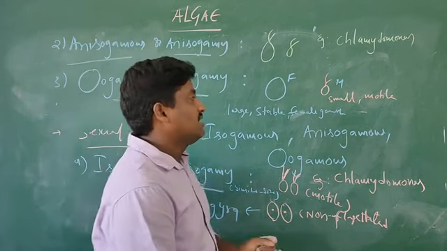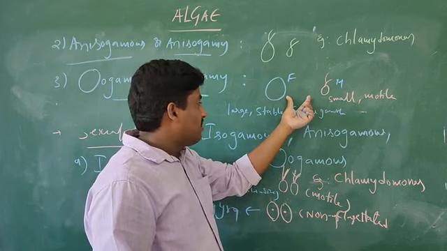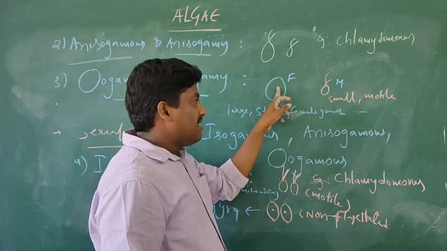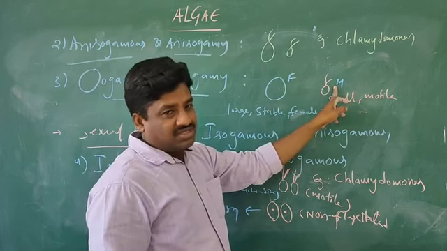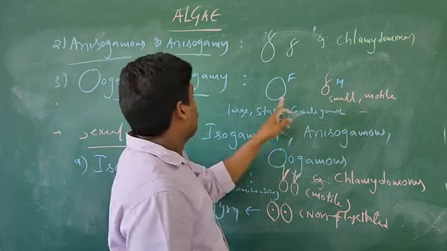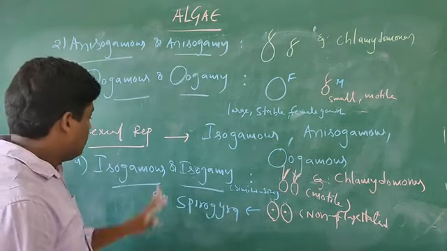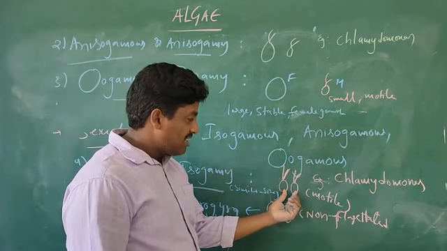Once again, oogamy means the fusion between a large stable female gamete and a small motile male gamete. Such a fusion we call oogamy. Once again, iso means same gametes, similar in size.